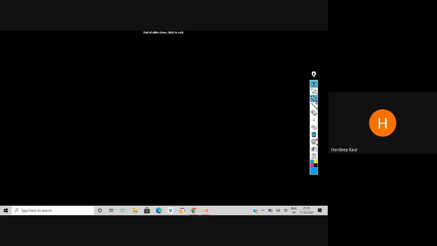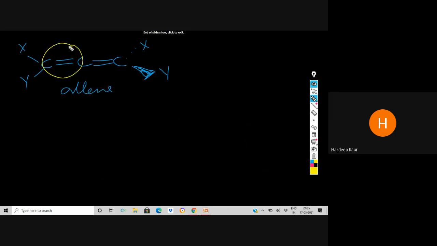Okay. So let us take the example. Suppose we have this type of allene and we are going to replace both the double bonds by a ring system. So X and Y, the planes are different. So now we will replace this double bond and this double bond by a ring. So let us draw the structure. Suppose we have this type of ring.